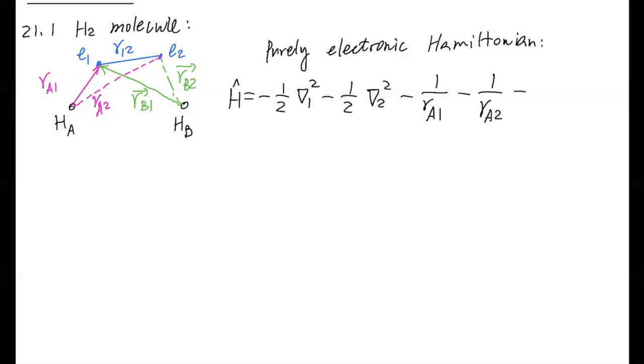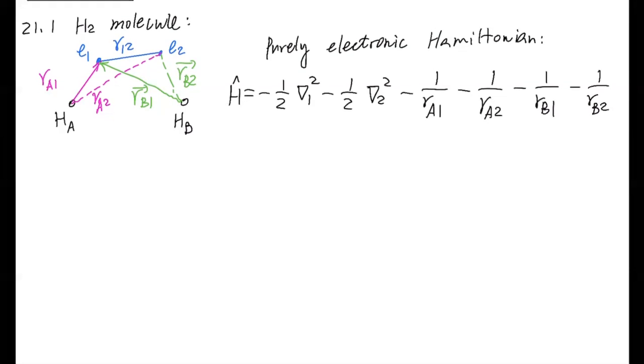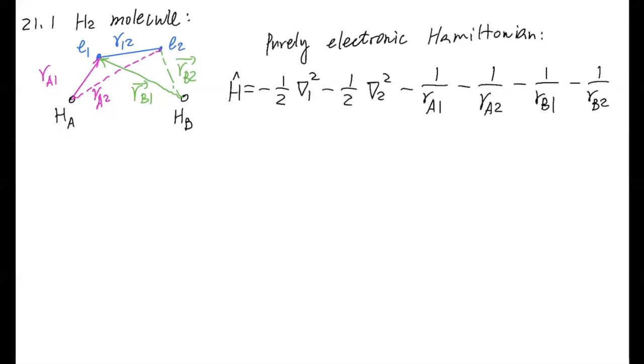Similarly, you will have the attractive potential between proton B and electron 1, minus 1 over RB1, minus 1 over RB2, which is the attractive potential between proton B and electron 2. So you have 4 terms for the electron-nuclei interaction.